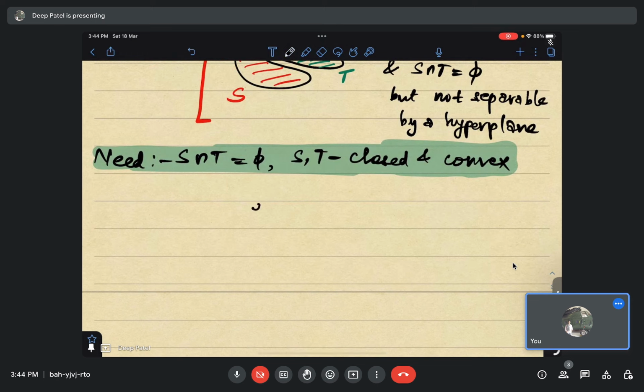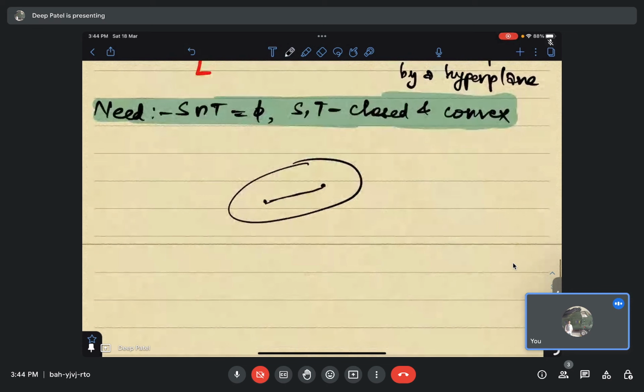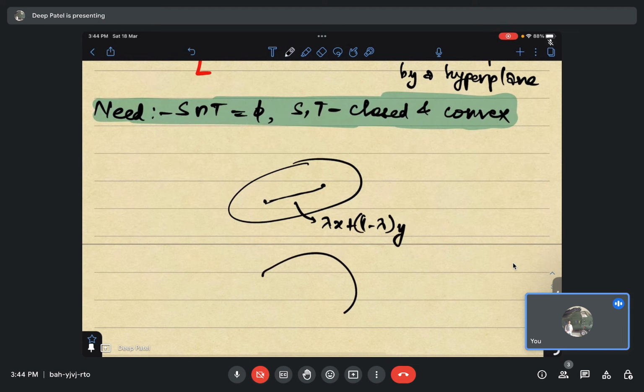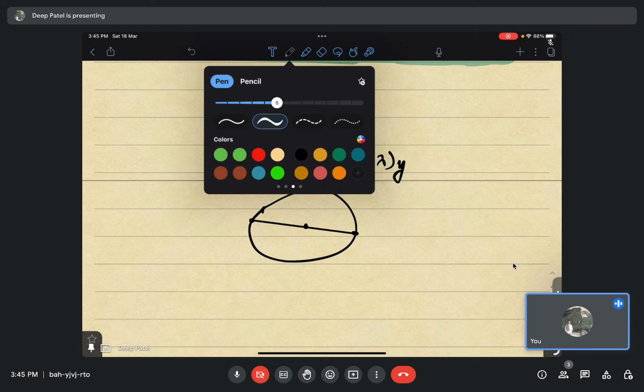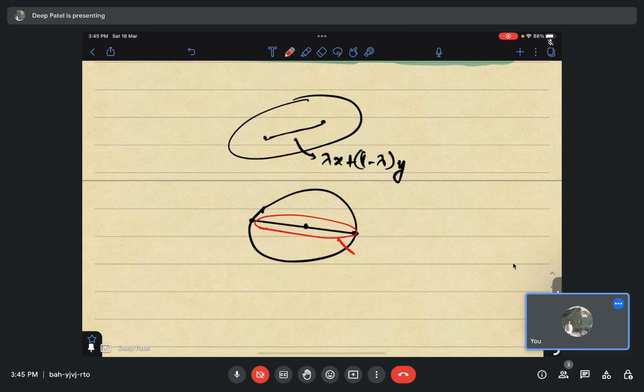For example, you might have seen the definition of convexity. Actually, I don't even need to go to functions. We'll just take sets. So we had some set and we took two points, and we took the line joining them. But that is in Euclidean space. If I didn't have the Euclidean space, I can't write this, because, for example, this circle is a manifold. If I am taking two points on this circle and joining them, this line segment is not on the circle.